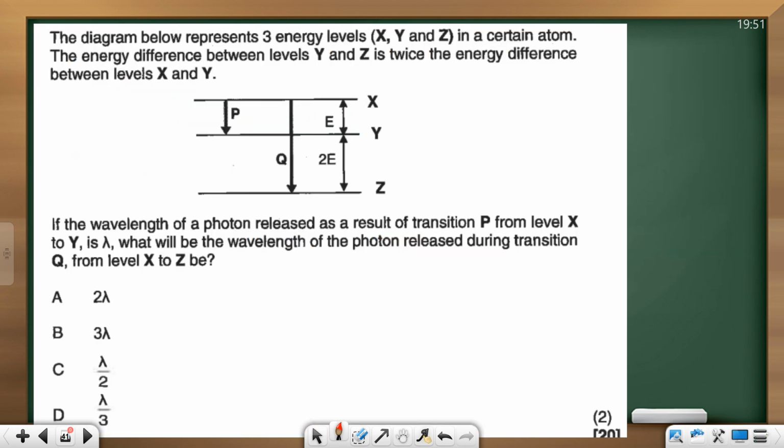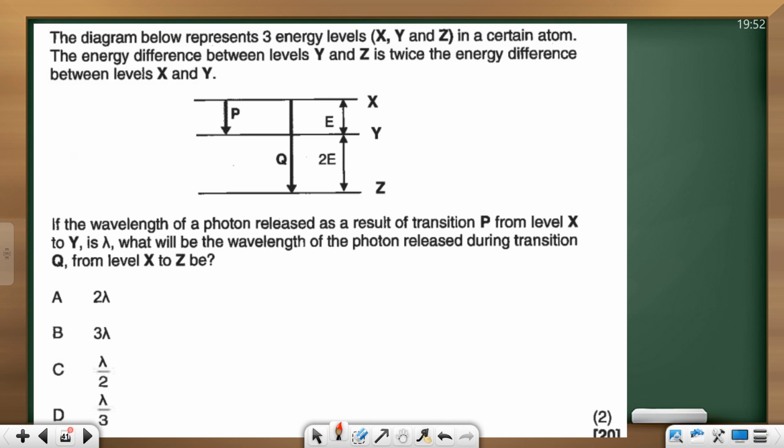Let's answer this one. The diagram below represents 3 energy levels, X, Y, and Z, in a certain atom. The energy difference between level Y and Z is twice the energy difference between... Okay, that kind of things are very confusing. I just go for the diagram straight quickly. Okay, it makes sense now. They said between Y and Z, it's twice the energy of what?